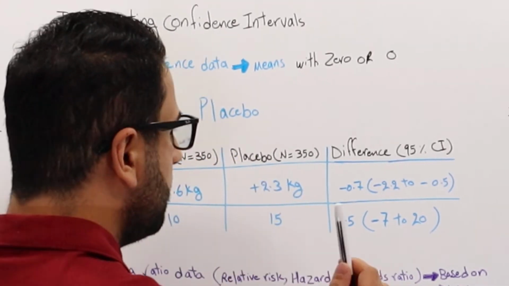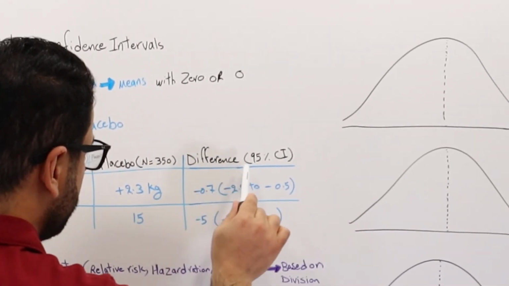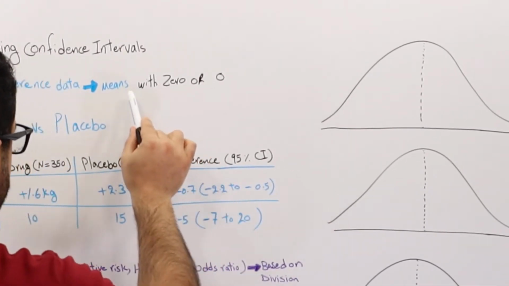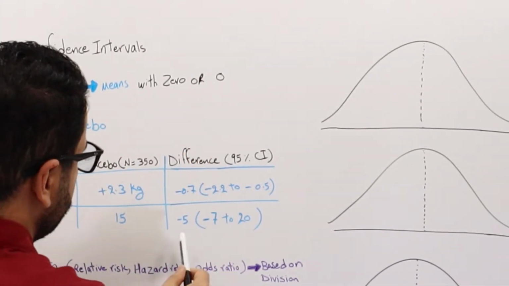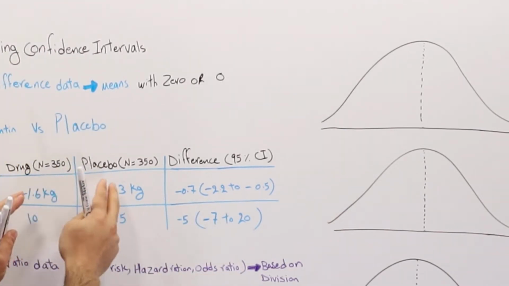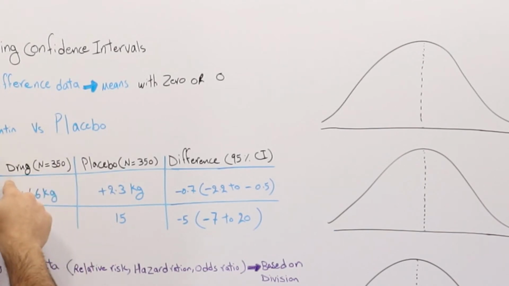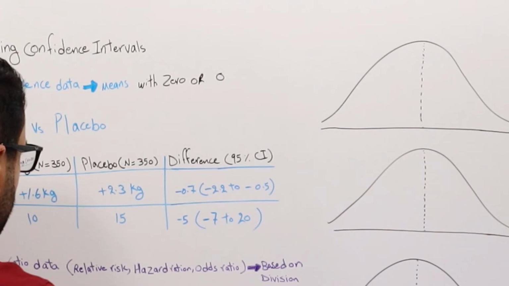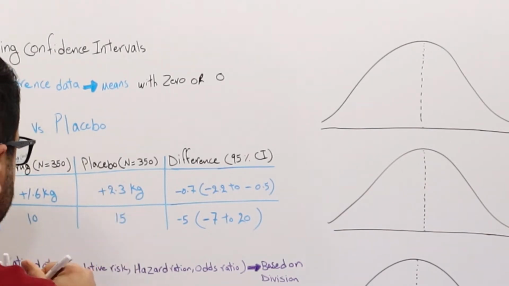So we're going to look at the difference, and I say difference because it's means. We're comparing the means. So here, step number one, whenever we have the means of each, the medication, the drug, gabapentin, and the placebo, is to subtract. So subtracting this from this. And that's where negative 0.7 comes from.